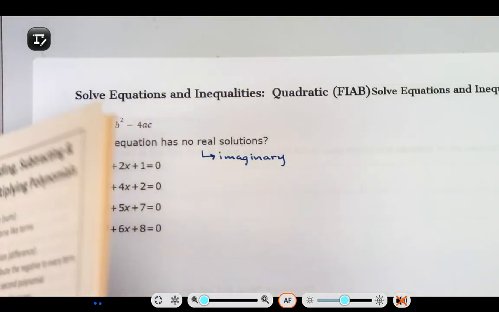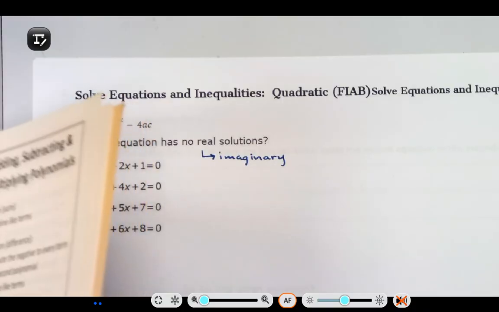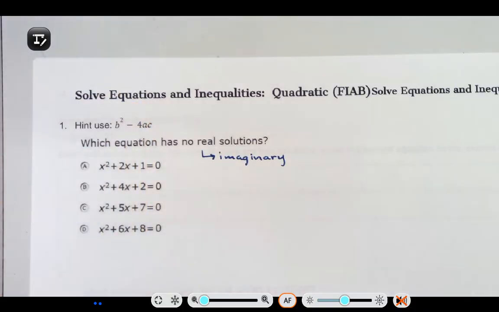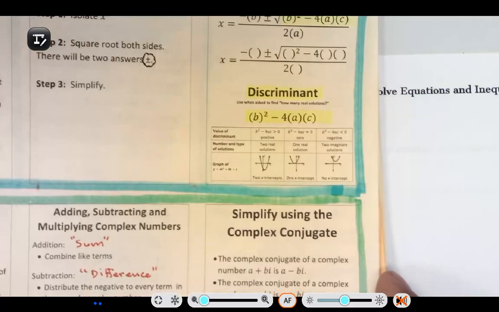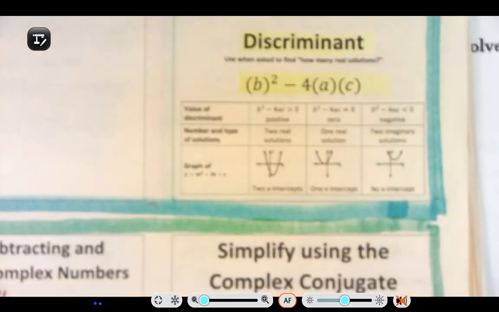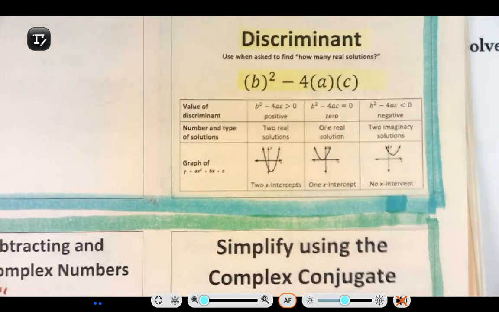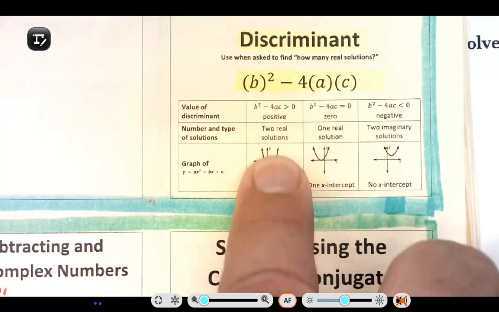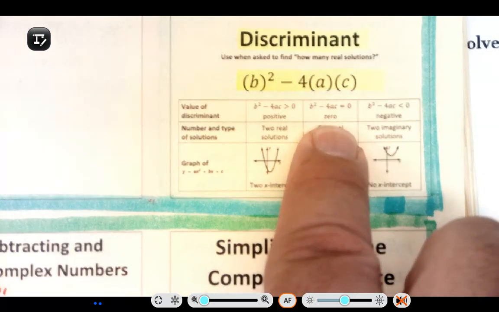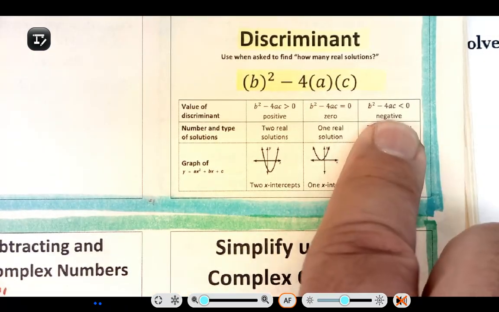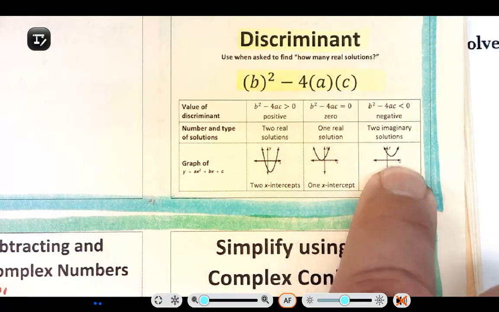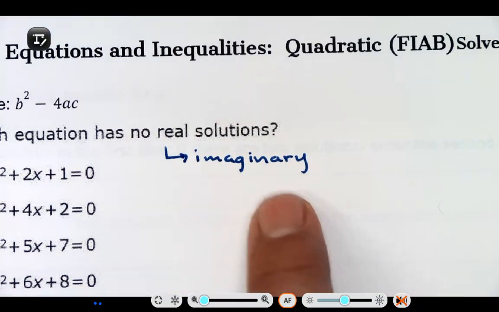According to our word wall, that's why we have the discriminant. Notice that gave us that hint. In the discriminant, if it's a positive result, we have two real solutions, zero result, one real solution, and if you get a negative, then we have two imaginary. So that's what we're looking for, right? We said no real, so we're looking for imaginary.